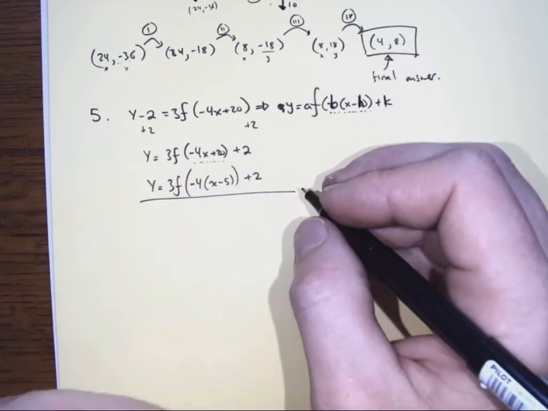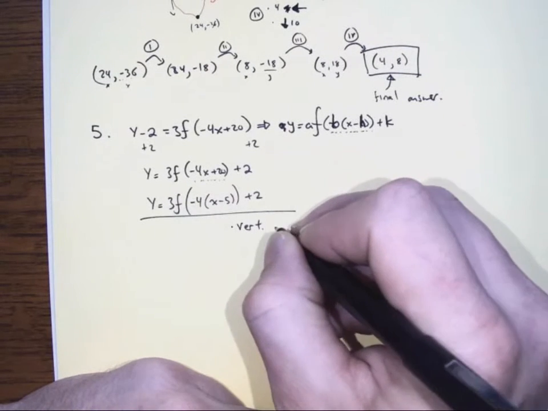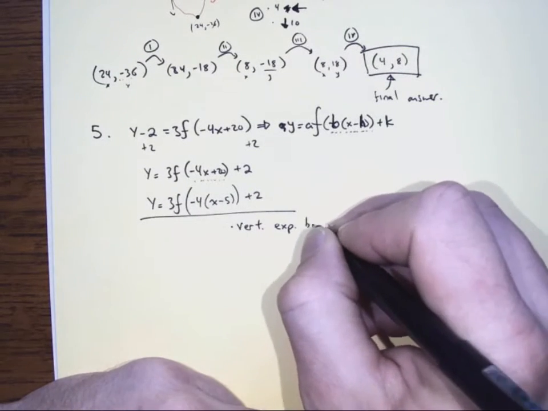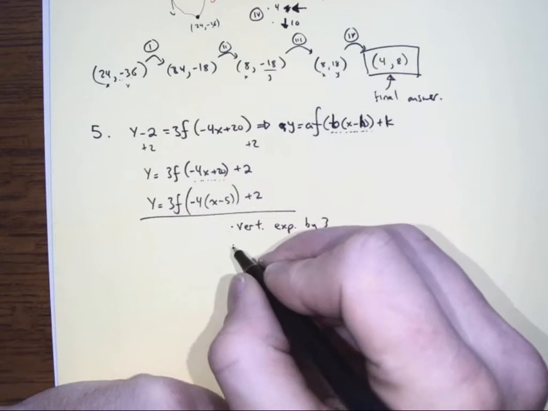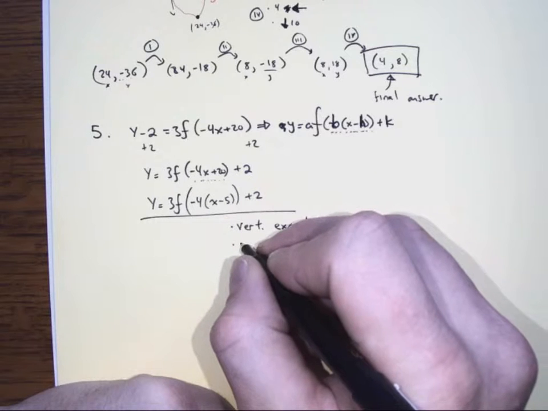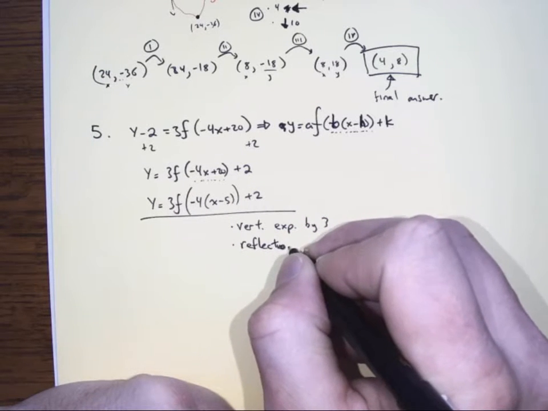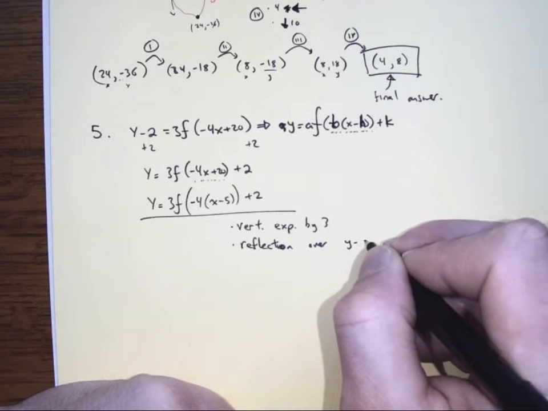The first transformation is a vertical expansion by 3. I have a negative, which means a reflection over the y-axis.